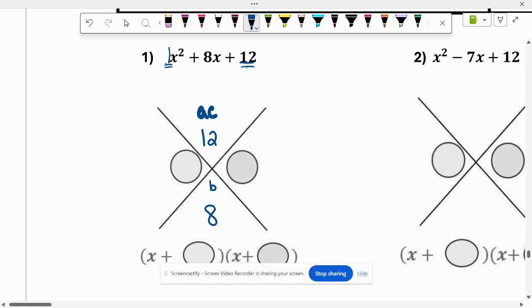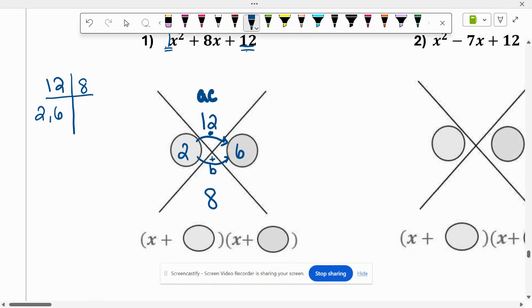What are two numbers that you can multiply together to get 12 that when you add them, you get 8? 2 and what? 2 and 6. Yeah. 2 times 6. When I multiply these two, I get 12. When I add these two, I get 8.